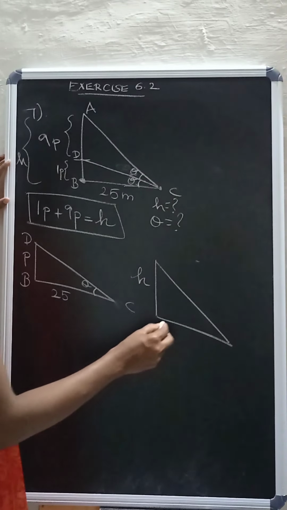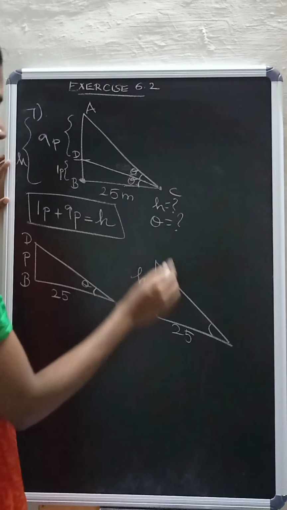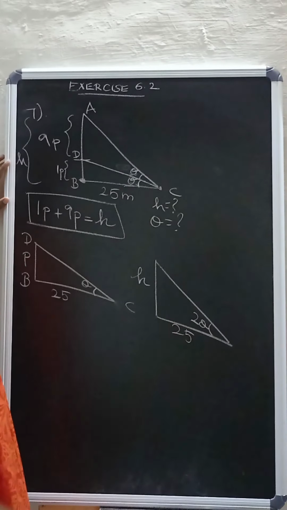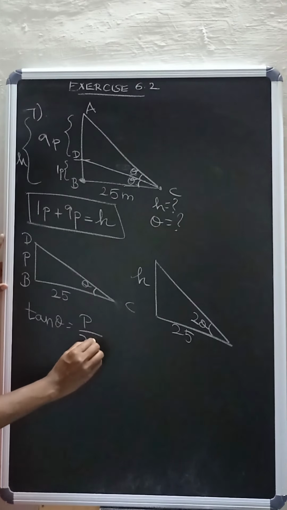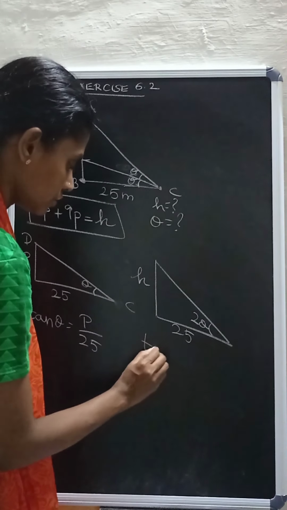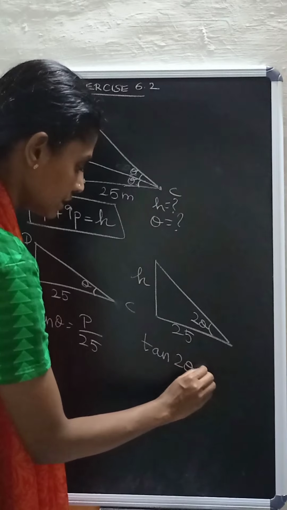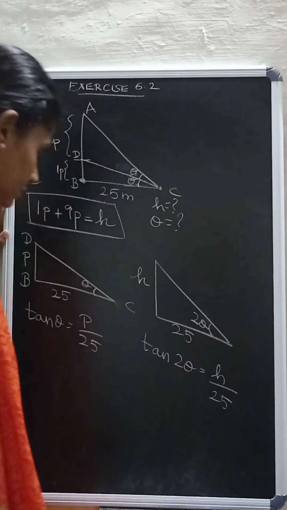Height h, 25. This is going to be theta plus theta, 2 theta. Now opposite and adjacent values are there, so we will take tan theta. Tan theta is equal to opposite by adjacent. Here also, tan 2 theta is equal to opposite by adjacent.